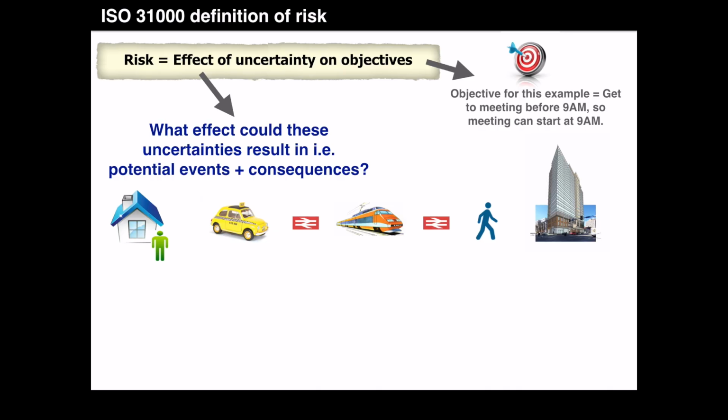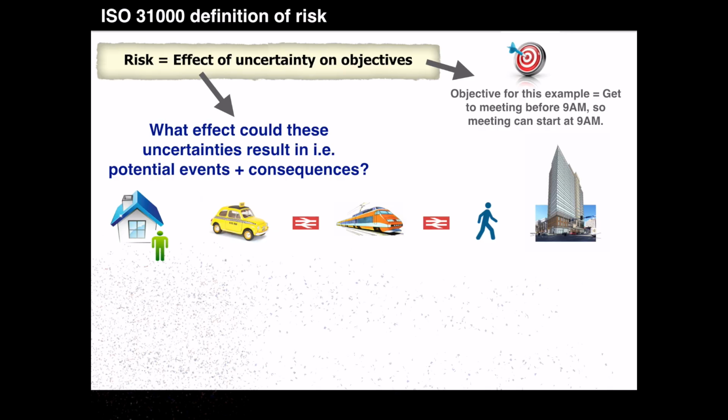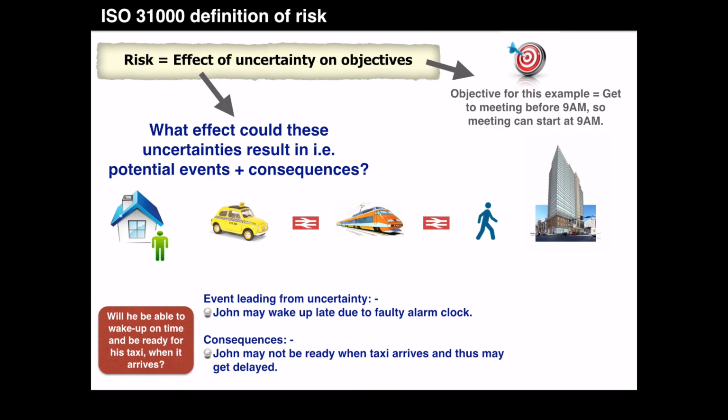For simplicity, I'm only covering one potential event for each uncertainty. For our first uncertainty, the potential event may be that John wakes up late due to a faulty alarm clock. The consequence of this may be that John is not ready when the taxi arrives, and hence he is not able to start his journey on time and may get delayed for his meeting.